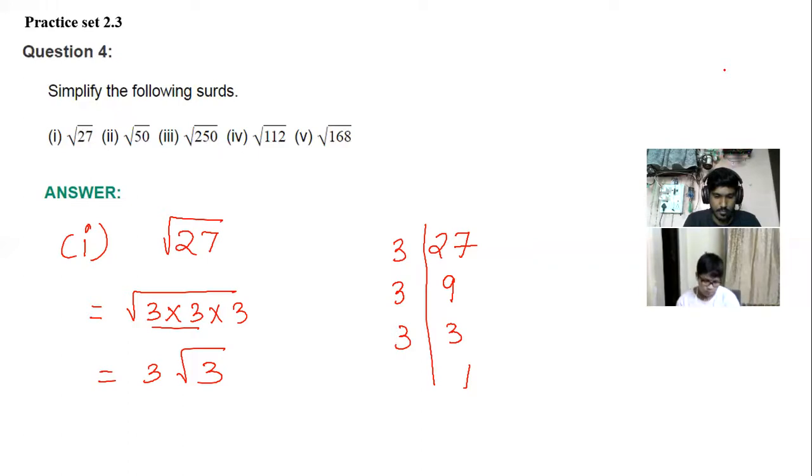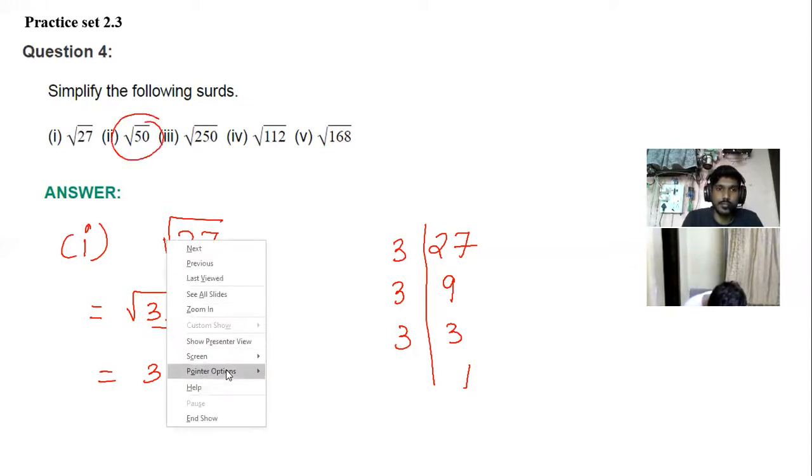Done, sir. Can you try the second one also? Simplify the second one, root 50. Yes, sir.